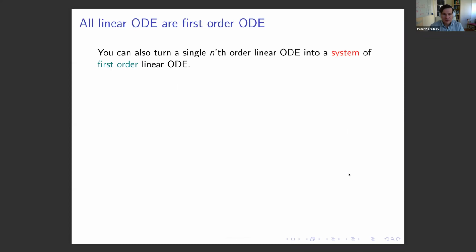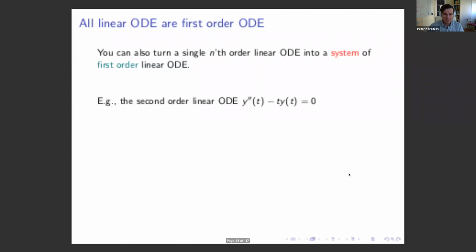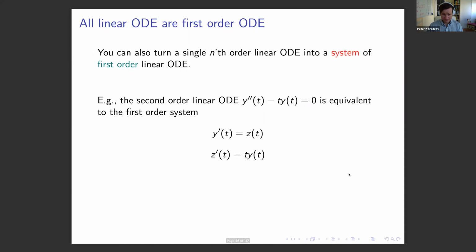We can also think of the nth order linear ODE and turn it into a system of first order linear ODEs, right? We can do this essentially by introducing new functions and packaging them in a vector function. So the second order linear ODE y double prime minus ty is equal to 0 is equivalent to these two equations.